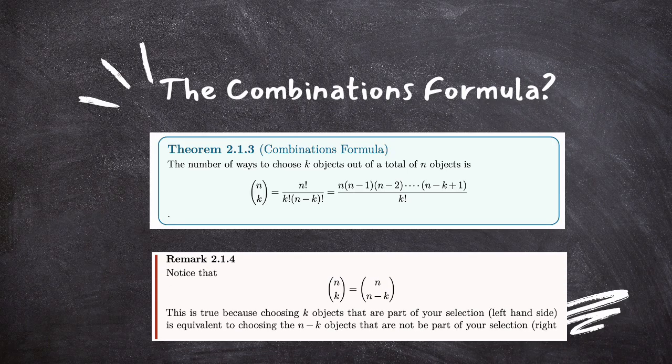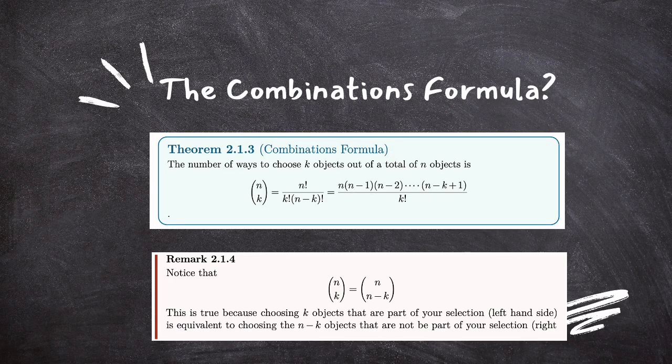And we have to notice that this is true because choosing k objects that are part of your selection, the left hand side, is equivalent to choosing the n minus k objects that are not part of your selection, the right hand side.